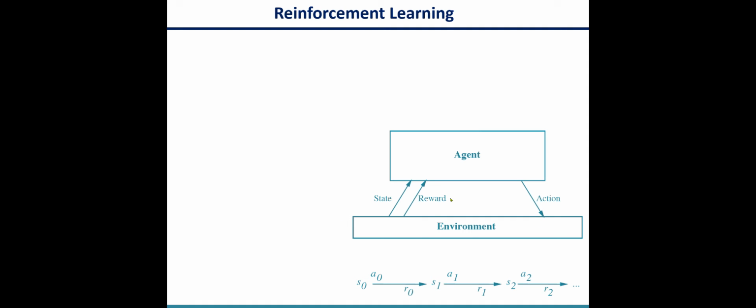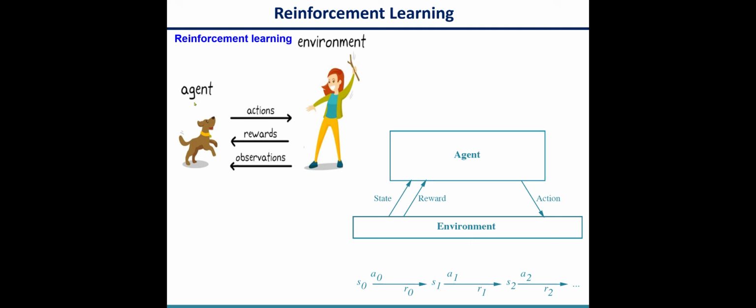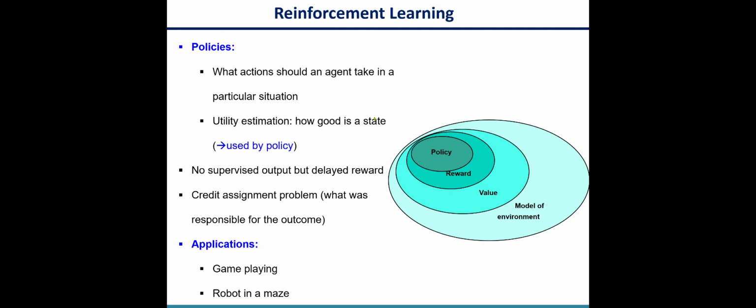So that is a repeatable thing. Here we can see this is the agent, that machine, and the environment is what we create. According to the environment, the actions, rewards and observations are done by these things. So this reinforcement learning is based especially on policies.